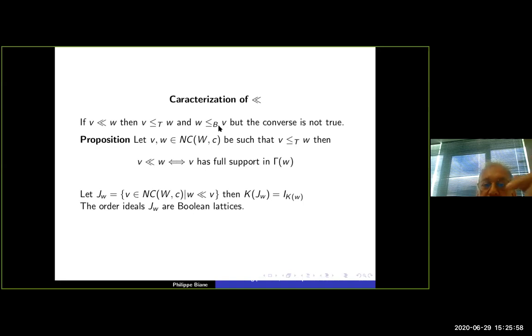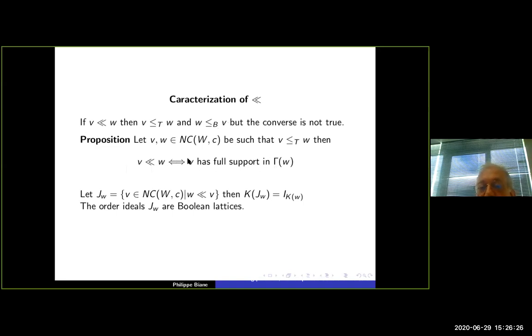These two relations are not enough to ensure that V is smaller than W in the double order, but we have a very nice characterization. So V and W are such that V is smaller than W in the absolute order, then V is smaller than W in the double order if and only if V, considered as an element in the parabolic group gamma of W, has full support.